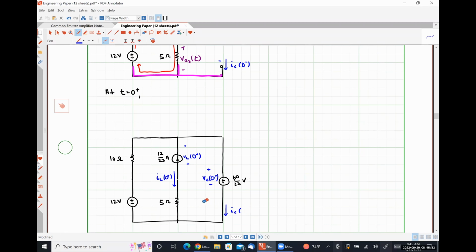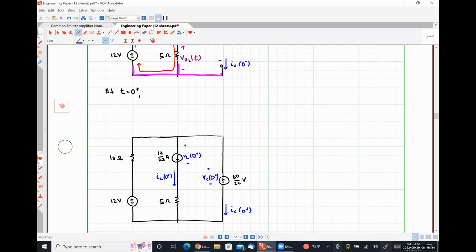So let's start with the easiest things. Since the voltage drop across the capacitor cannot change abruptly, VC at 0 plus has to be the same as it was at 0 minus, or 60/23 volts.